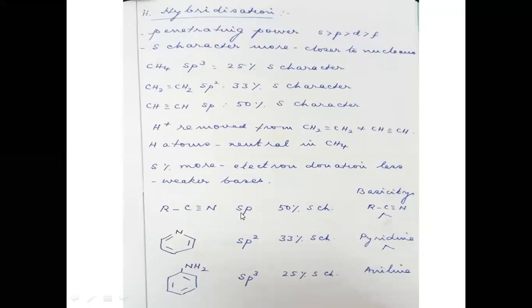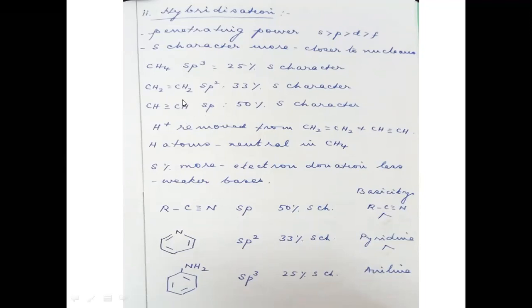So when it is sp hybridized, it is less basic. When sp2 hybridized, it is more basic. When it is sp3 hybridized, it is the most basic. So acidity and basicity, they are inverse. So in the case of methane, just 25% S character, so it is less acidic. In the case of ethylene, 33% S character, it is more acidic.